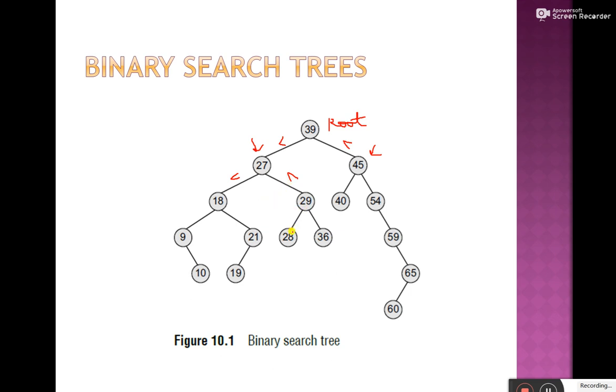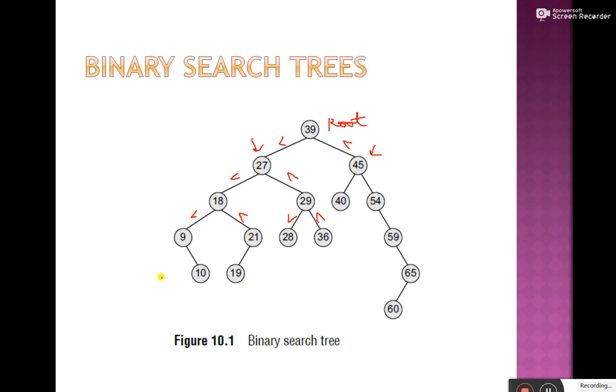If you go to the subtree in which 29 is the root, its left subtree has a value less than 29, that is 28, and the right subtree has a value greater than 29, that is 36. This same rule is applicable to each and every node. If you go to the left subtree, 18 has a left child 9, which is less than 18, and to the right it has 21, which is greater than 18.